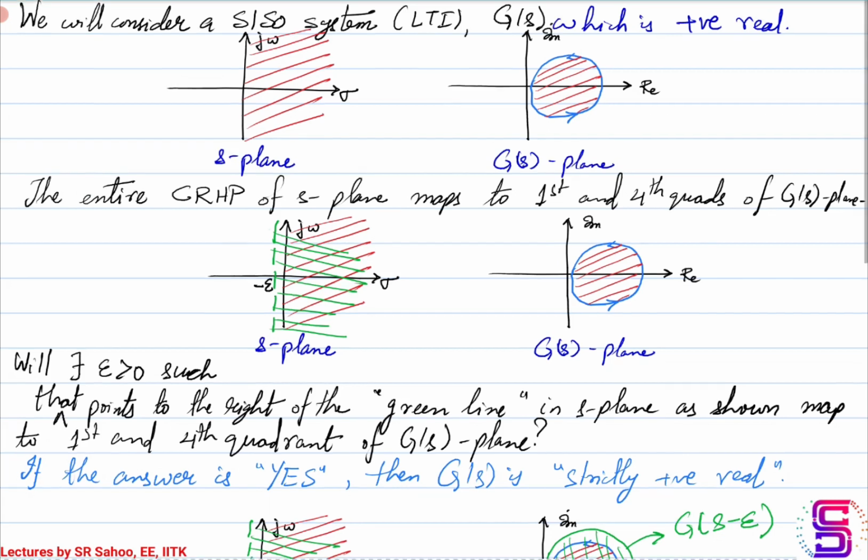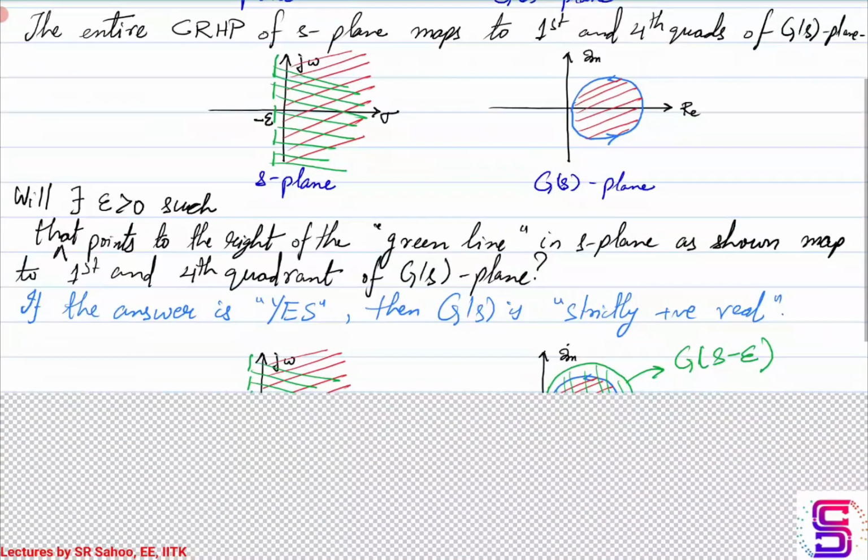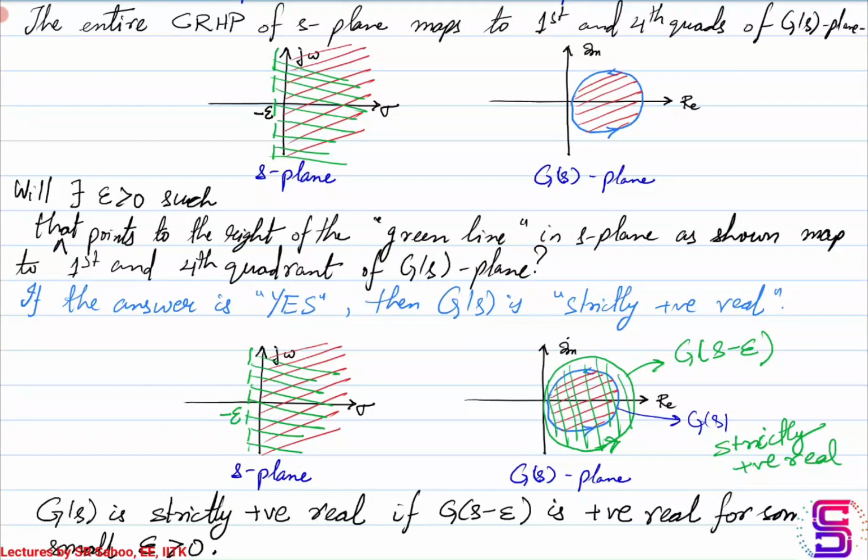Now we pose one question. Instead of considering everything to the right of the j omega axis in the S plane, what if we consider an axis that lies slightly to the left of the j omega axis, which is denoted in this sketch on the left by the green dashed line? Suppose we consider an axis passing through minus epsilon in the S plane.